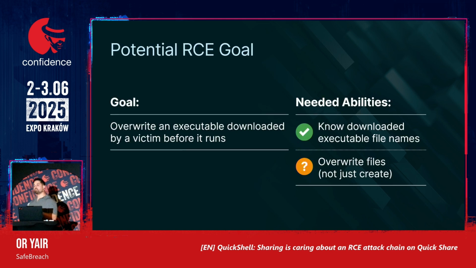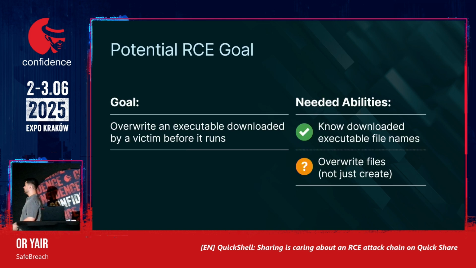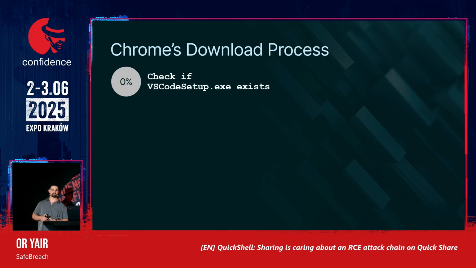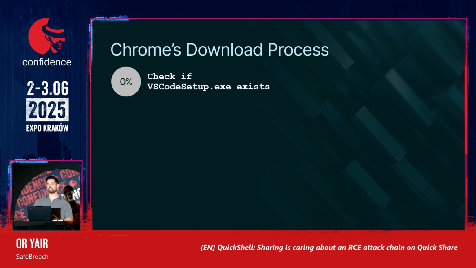But we still need a way to overwrite files in order to achieve the RCE, if you remember. Though the thing that we realized is that we, of course, tried to escalate the vulnerability that allowed us to create files into overriding files, but we couldn't.